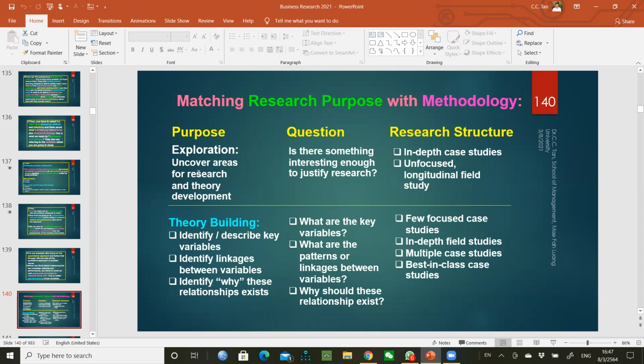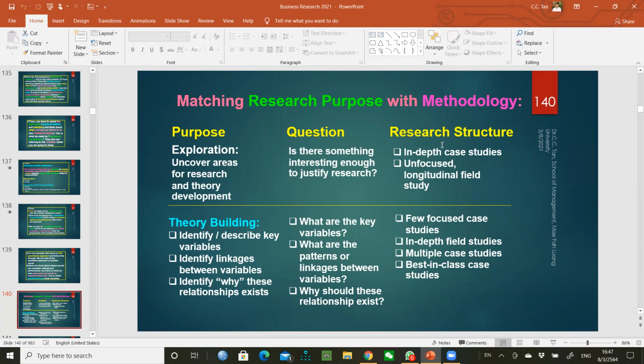and again, it doesn't mean that it is fixated, because you can creatively explore different aligned, valid, reliable methodology. So exploration, for example, exploration to uncover areas for the research and theory developments, which I have already given a lot of examples. And for example, your question is: is there something interesting enough to justify the research? Based on the purpose, you have not really understood the situation properly.